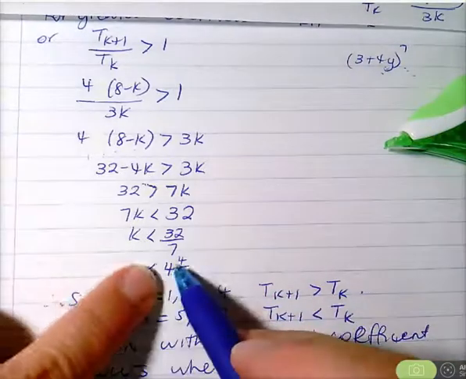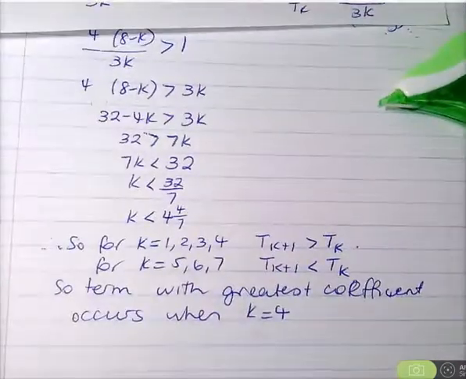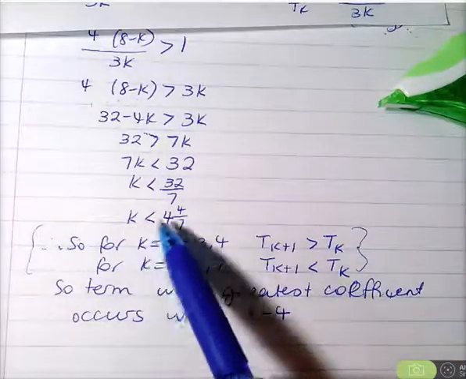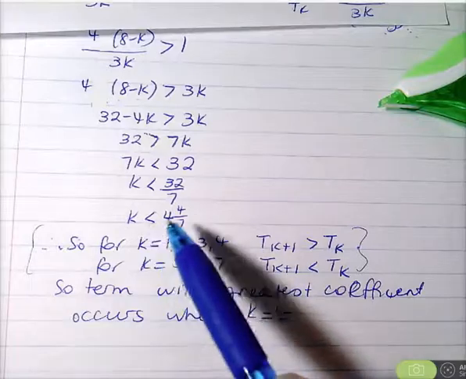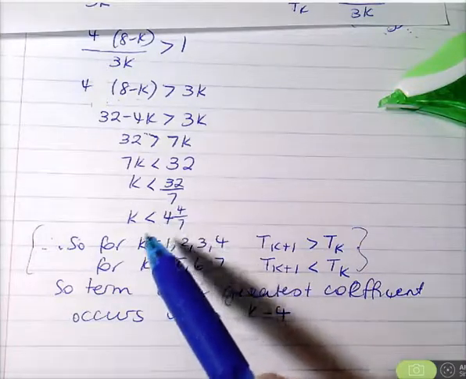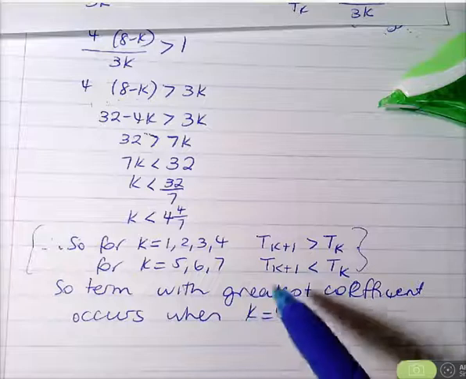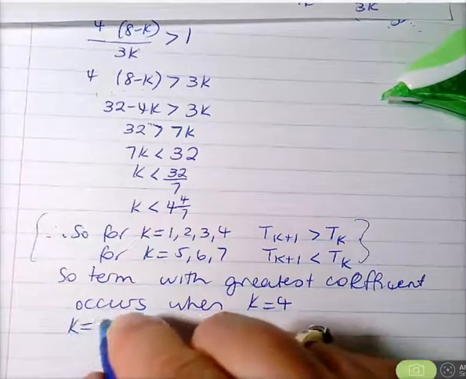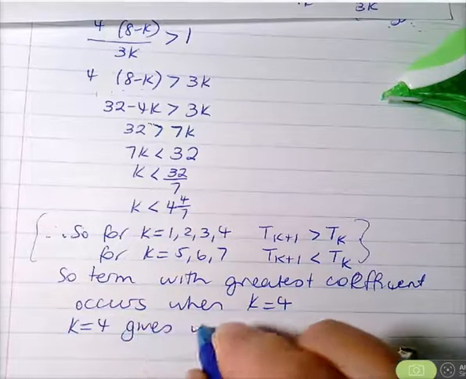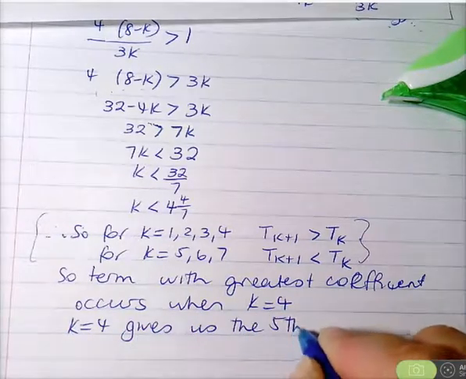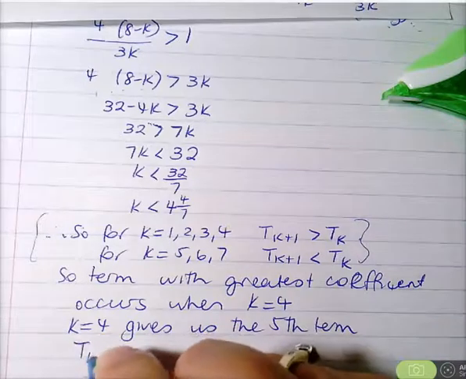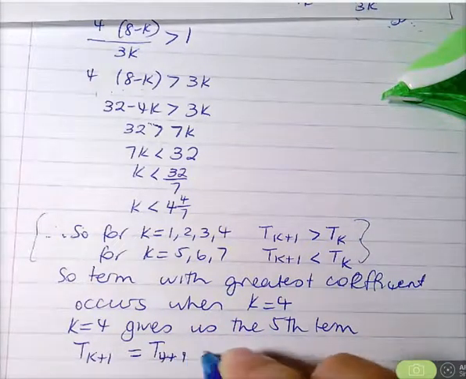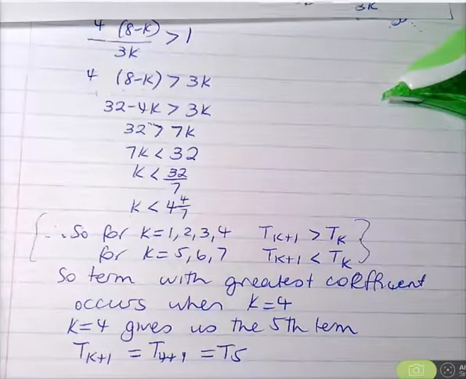So it'd be the largest that k can be here. Okay, now you don't need to write this all the time. I'm just doing this in my explanation. So k needs to be less than 4 and 4/7. The first term that's less than 4 and 4/7 is k is 4. Okay, so k is 4 gives us the fifth term, because remember, t to the k plus 1 is t to the 4 plus 1, which is t5, the fifth term.